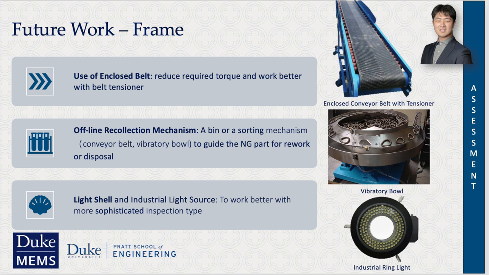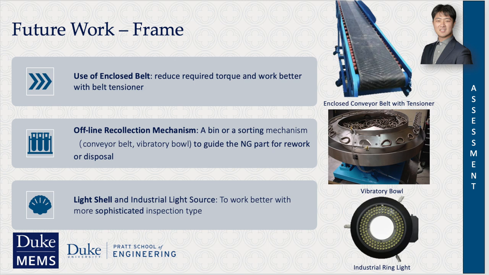So here is our future work plan. The very first thing that I would like to mention is that we would like to use an enclosed belt. So far, the current belt we use is purchased from McMaster-Carr. It's a section of belt that we have to connect on our own. We tried different methods like melting and connecting them together.